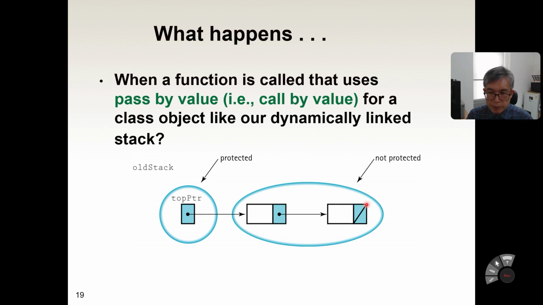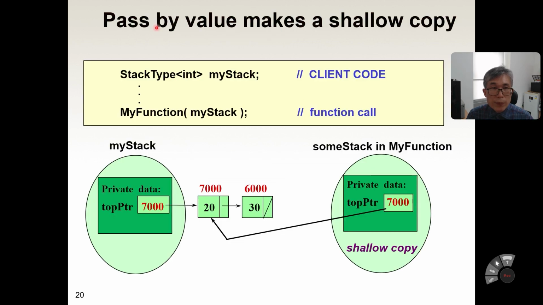But this is not protected. Pass by value makes a shallow copy. We can have this definition using a class template. My stack is defined here, my function is called, and then my stack is passed as a parameter. Inside the function, we use this one.